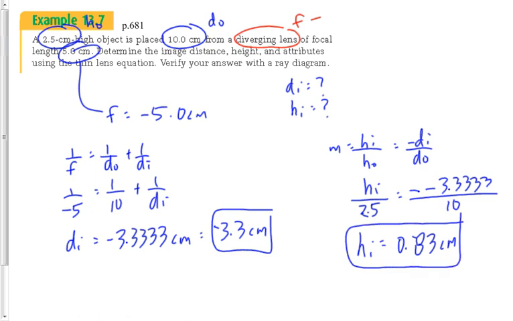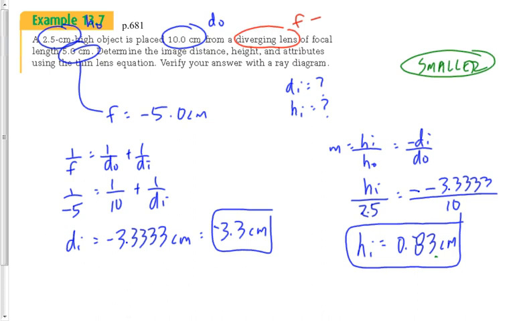Okay, attributes. What do we know about this? Is it larger, smaller, same size? Smaller, right? The object was 2.5 centimeters tall. The image is only 0.83, so it's going to be smaller, clearly.